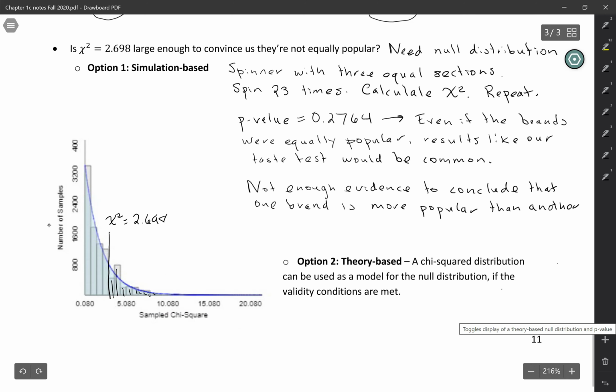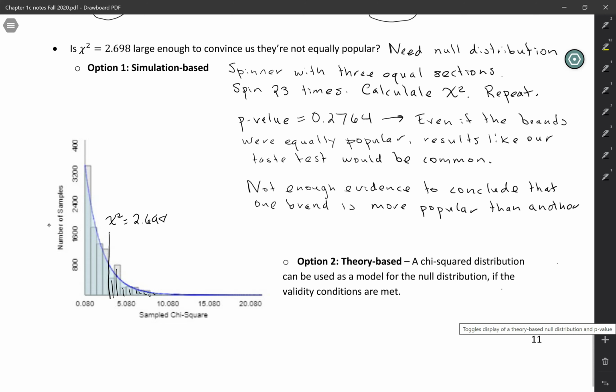Another option is to use a theory-based distribution. So just like you can use a normal approximation for one proportion, you can use a chi-squared distribution to model the chi-squared statistics you would get under the null. But just like any time you're using a theory-based test, you have to check first to see if your validity conditions are met.